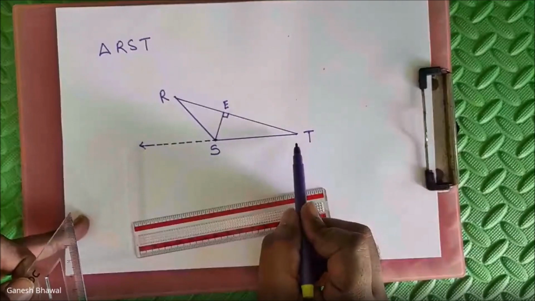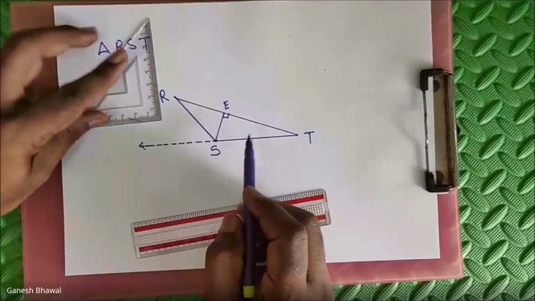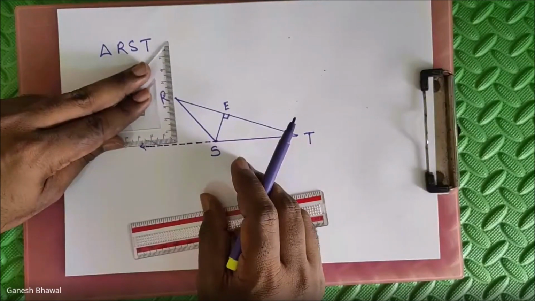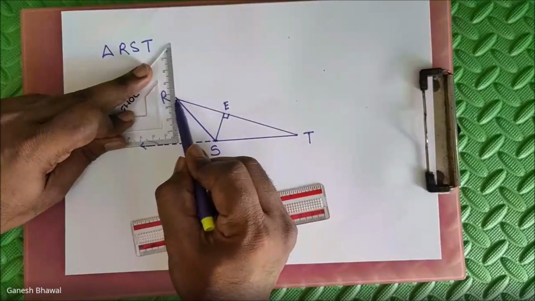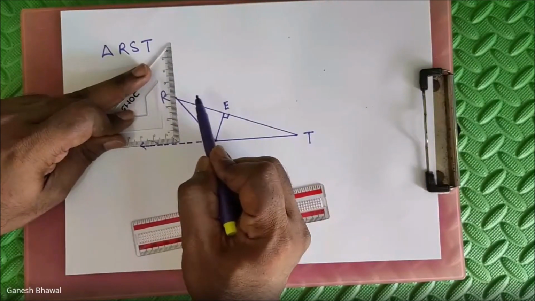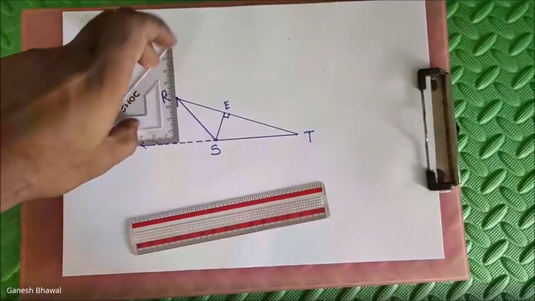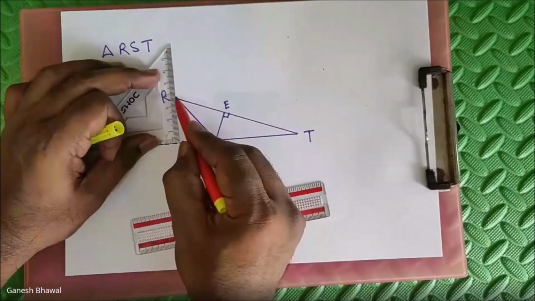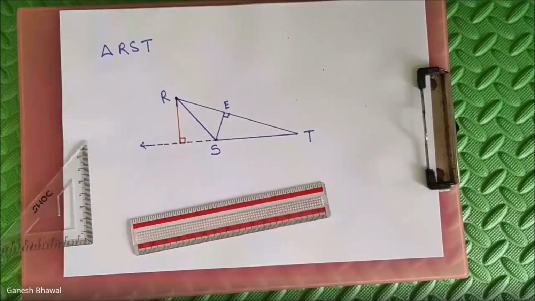Now on this side ST, though we have extended it, we can keep the set square and adjust its vertical side on vertex R. Now we can draw. I will use another color. Here the perpendicular we have drawn.